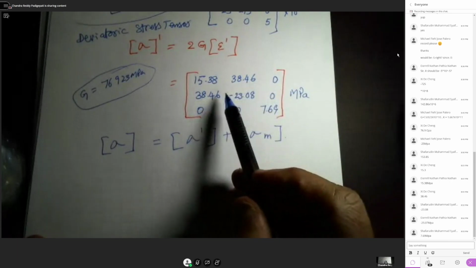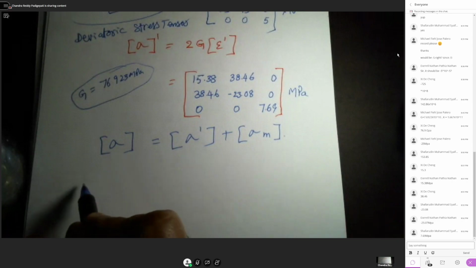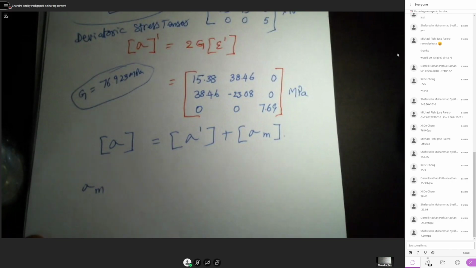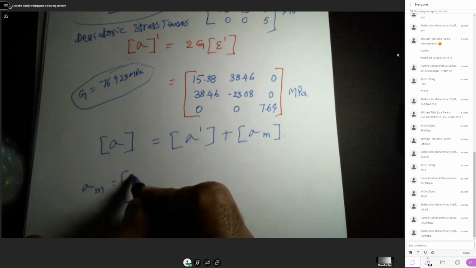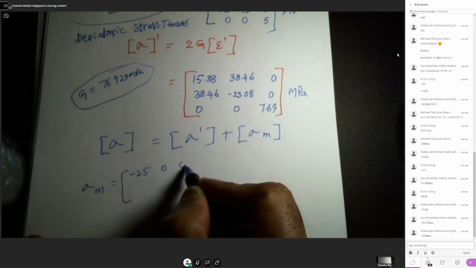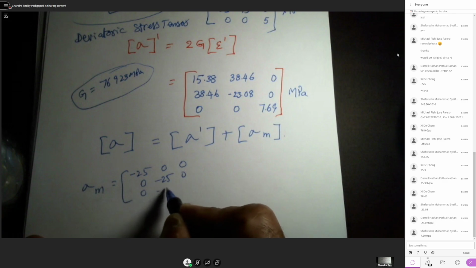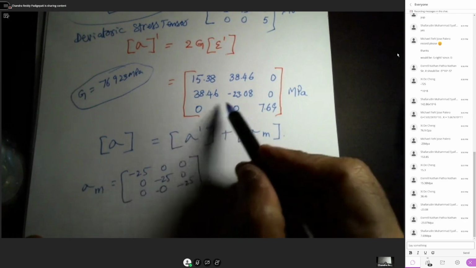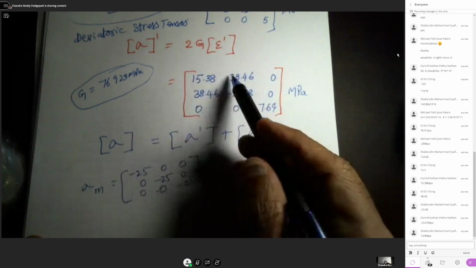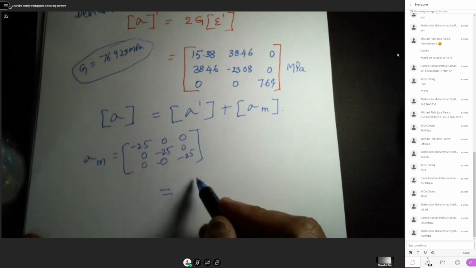So what is the mean stress tensor? Sigma m we just calculated as negative 25. So this will be negative 25, 0, 0, 0, negative 25, 0, 0, 0, negative 25. So you add to this one, and you will get the stress tensor.